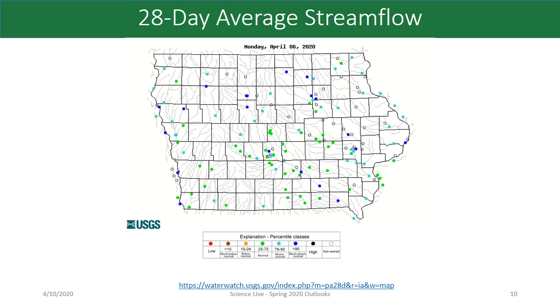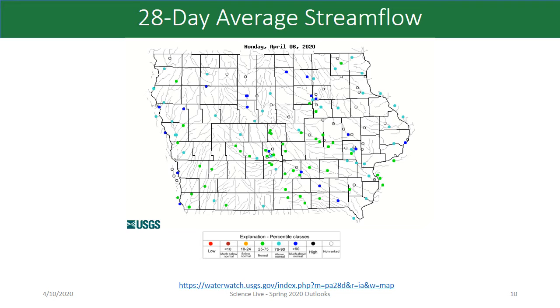So we use this as a proxy for wetness and dryness monitoring, because on the flip side of this, you can start to see stream gauges getting into the warm colors, orange to red, and that indicates that rainfall has been dwindling, for example, and that there's not enough runoff into the streams to promote a normal or above normal water through the stream system.